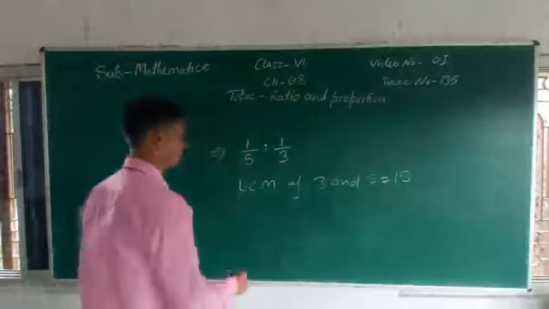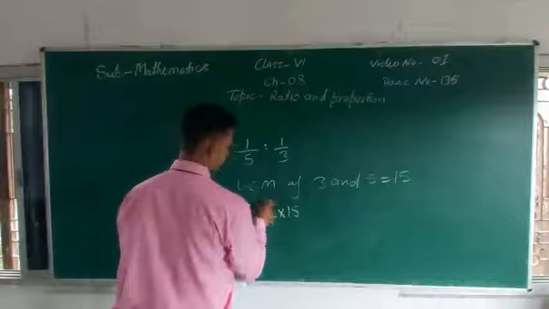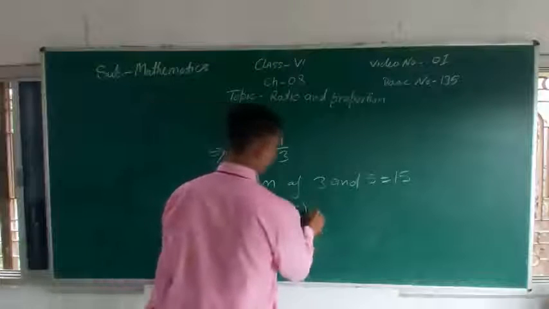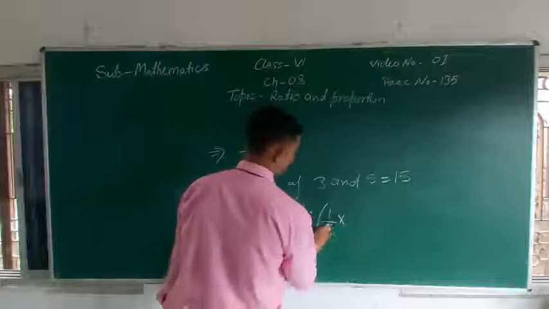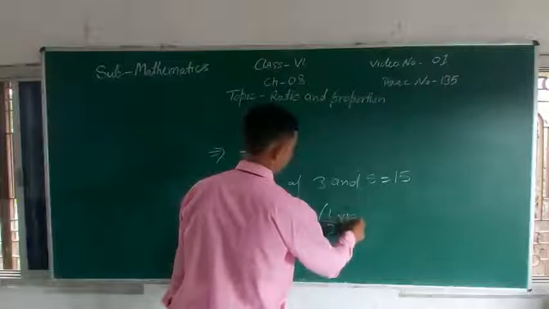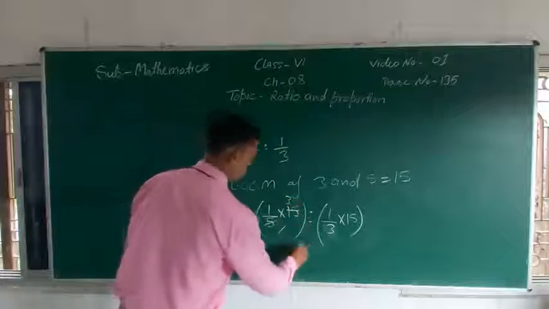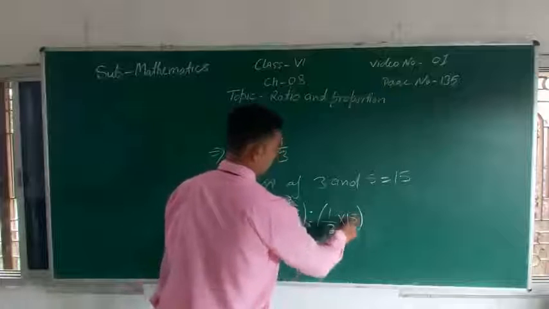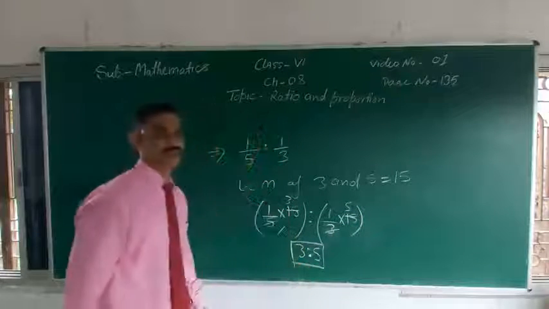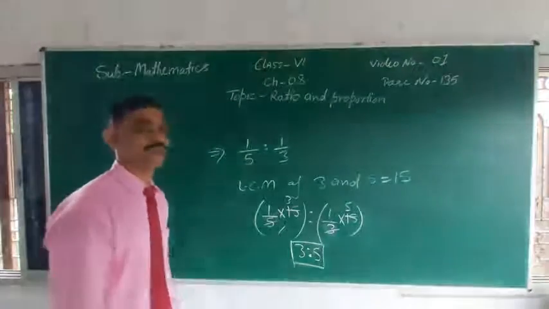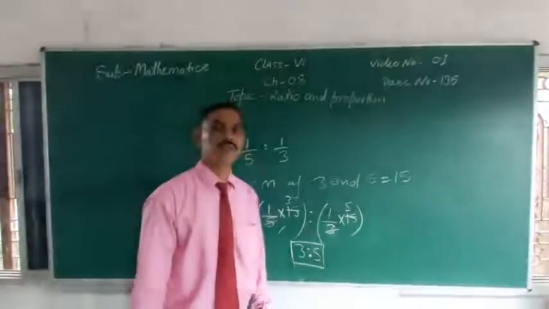Now multiply each term by their LCM: 1 by 5 times 15 is 3, and 1 by 3 times 15 is 5. So the ratio is 3:5. Clear? This is our fifth point which we have to keep in mind.